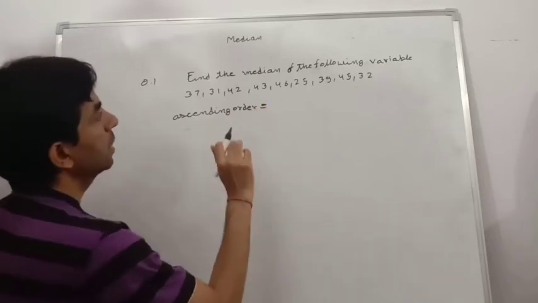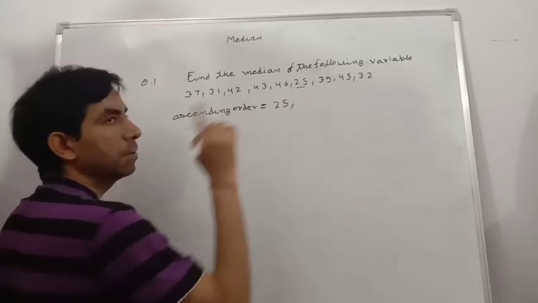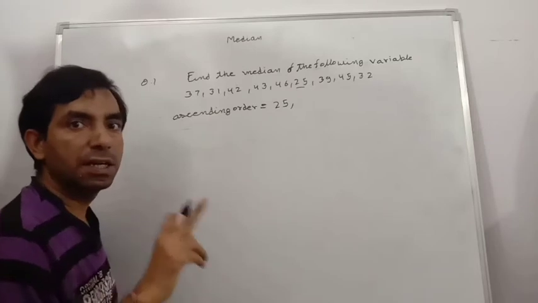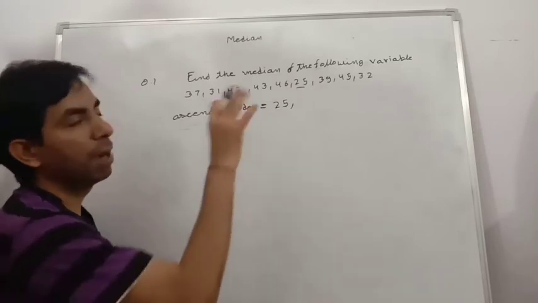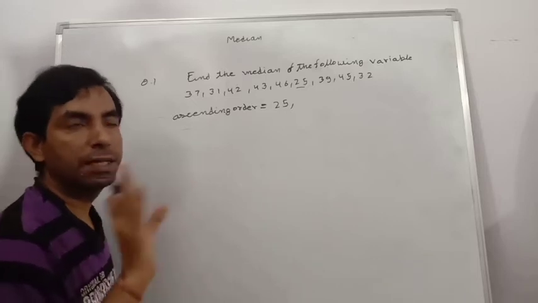Here we see that the smallest number is 25 first. I always say that if you want to write ascending or descending order from a table, first mark the numbers, then you won't get confused in any question.